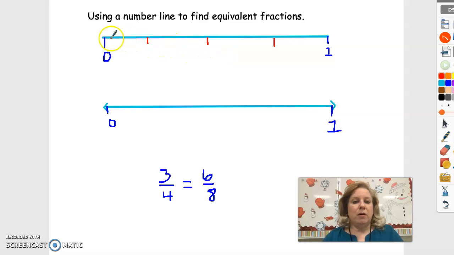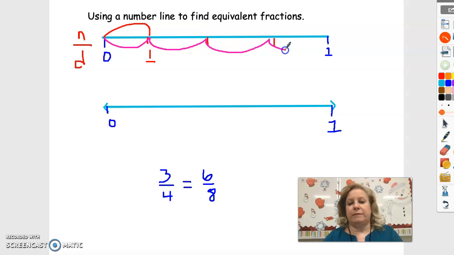So we know, remember from our lessons before, we put the numerator on top, denominator on the bottom. So we know we can count over. We know the numerator is going to be 1. And then we count on the bottom, how many parts do we have? 4 parts.